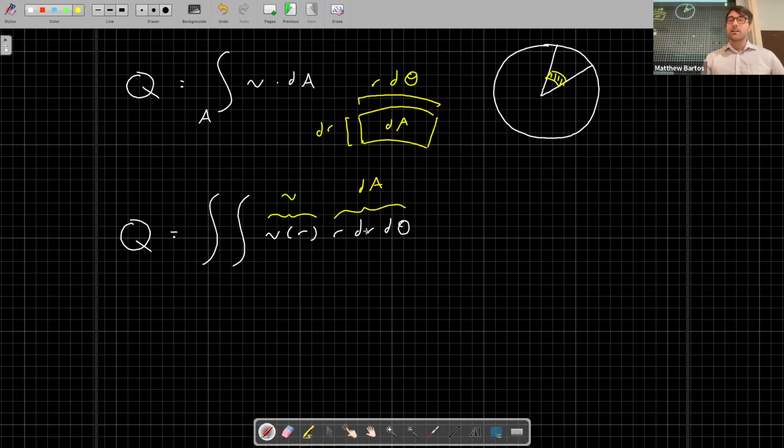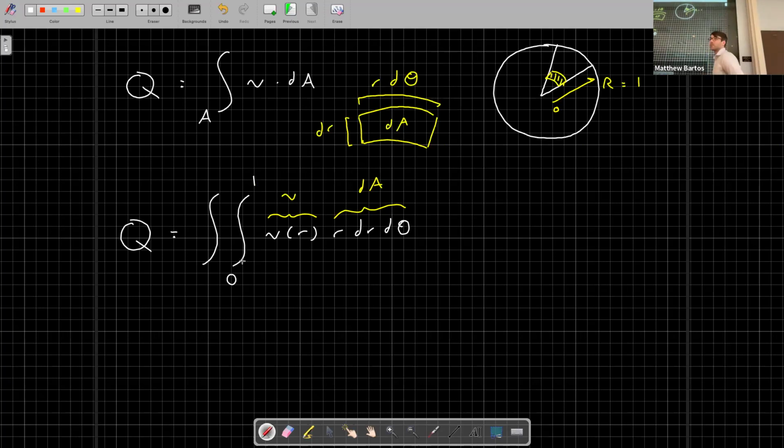So for dr, what are our limits of integration going to be? 0 to 1, right? Because we're moving this way from 0 to big R, which is equal to 1. So our limits of integration for that inner integral are going to be 0 to 1.